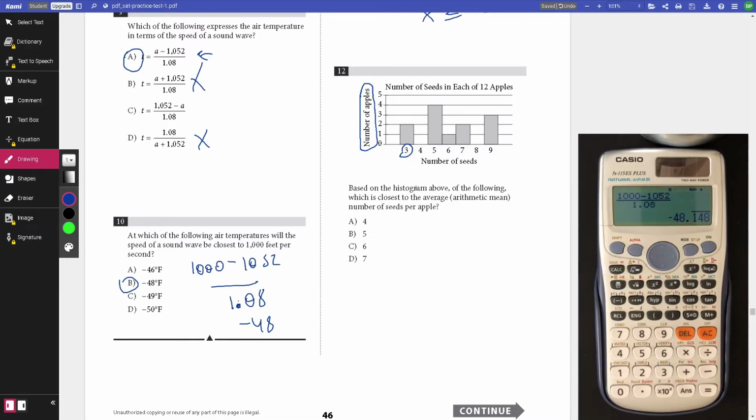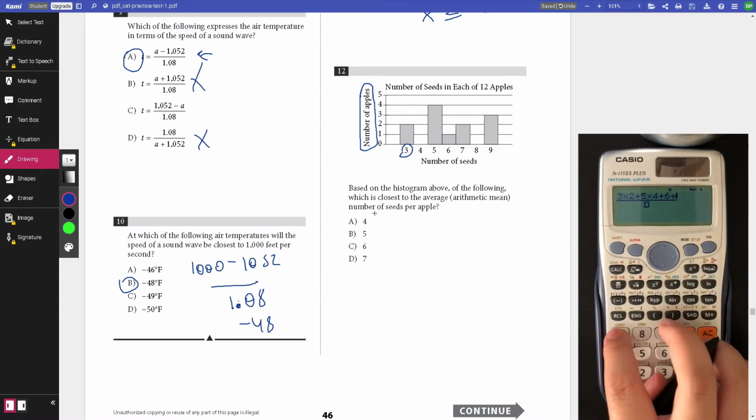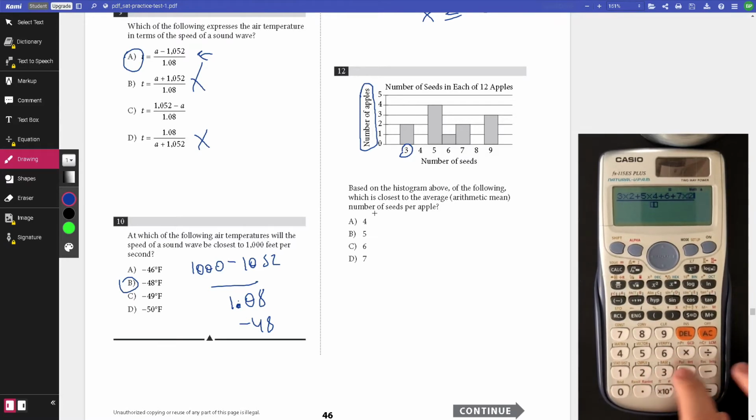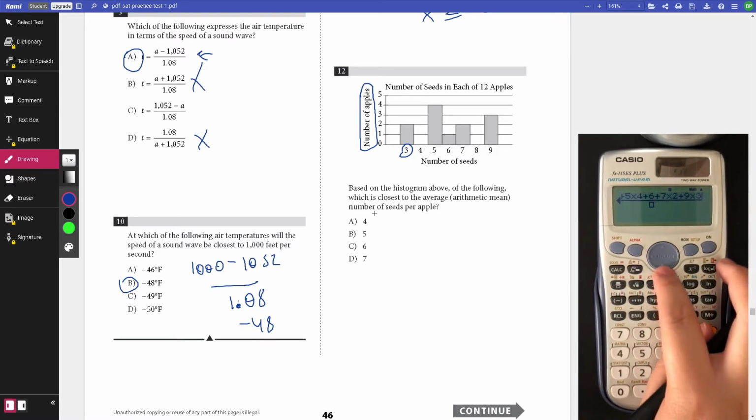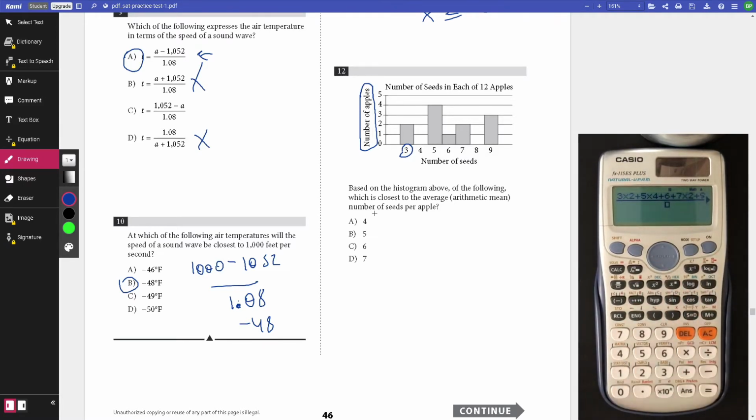So we can do this straight on the calculator to make it faster. 3 times 2 plus 5 times 4 plus 6 plus 7 times 2 plus 9 times 3, and then we need to divide it by the number of apples there are, so just add the y-axis.